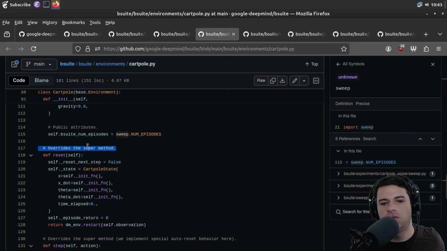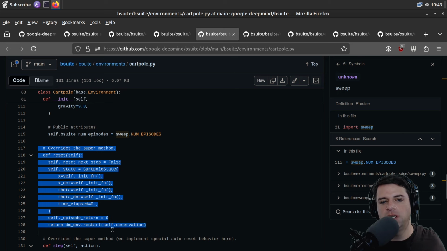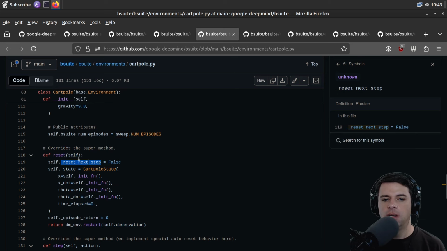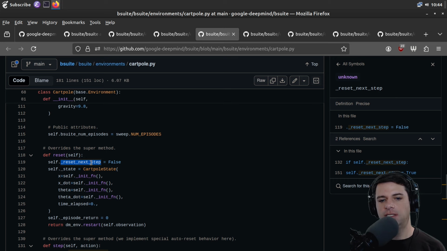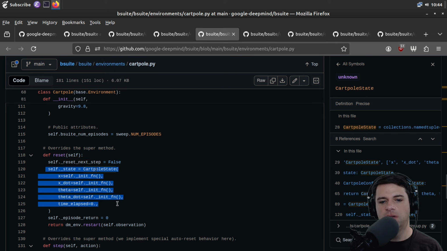And then we have this reset function, which I think just resets it to the beginning. We set reset next step to false. I guess reset next step is maybe a command to let you know that you can set, maybe after the thing is done, to say that the next time step we're going to reset everything. And then the state is just the init stuff.